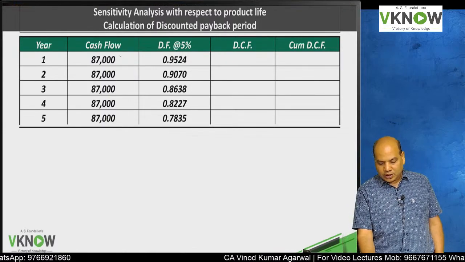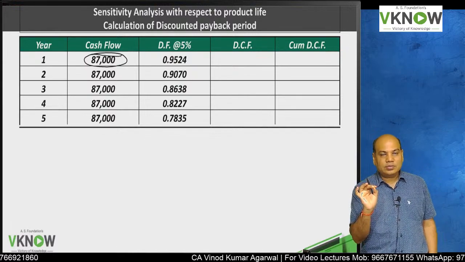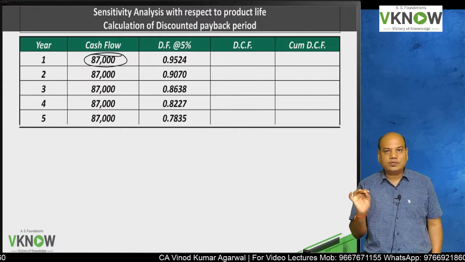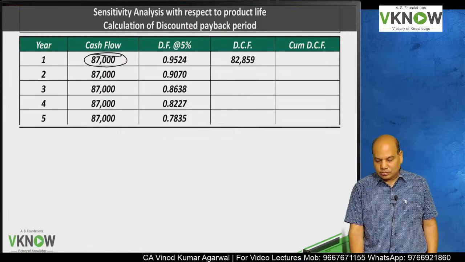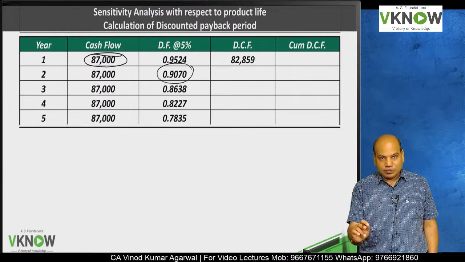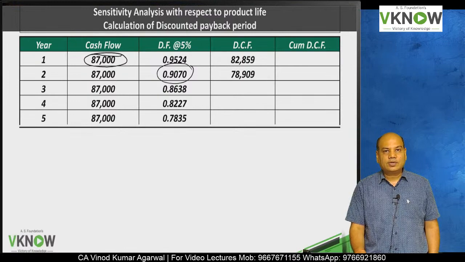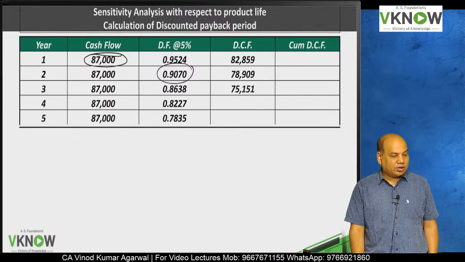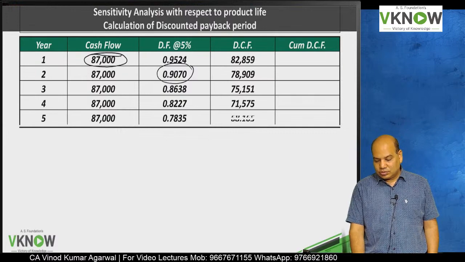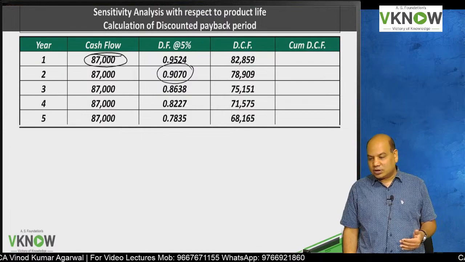You have to multiply by a constant number, 87,000. First time, 87,000 into 0.9524 equal to. Next time only type the factor and press equal to, you will get the answer. Again type the factor, press equal to, and so on. That way you can do it faster.